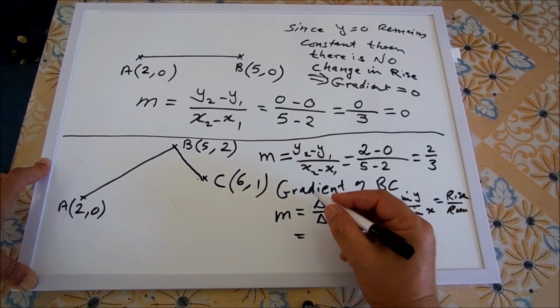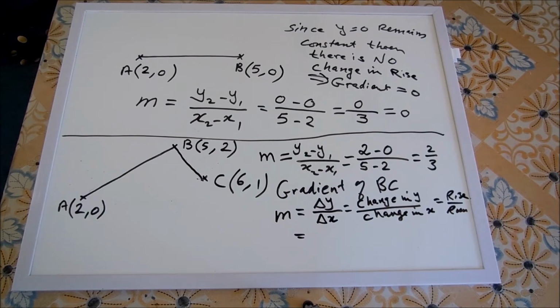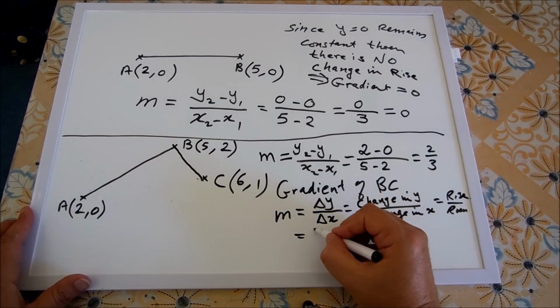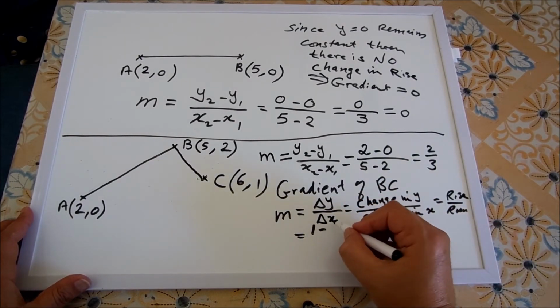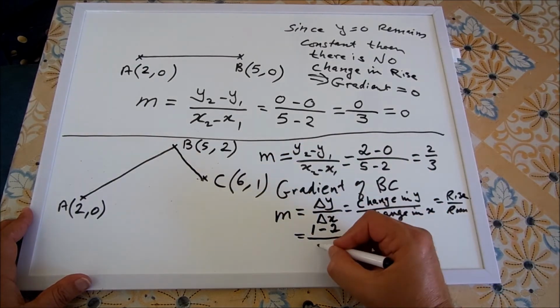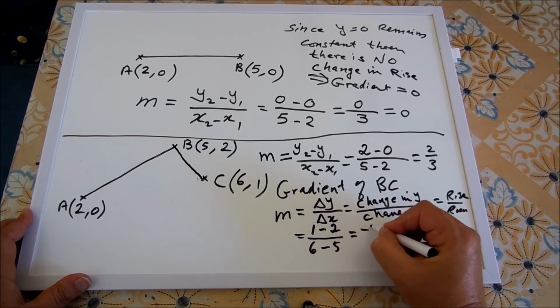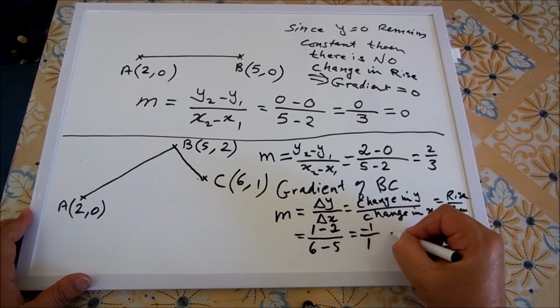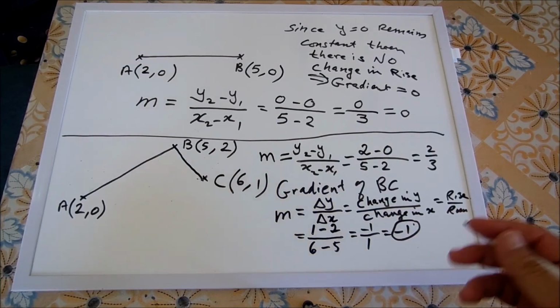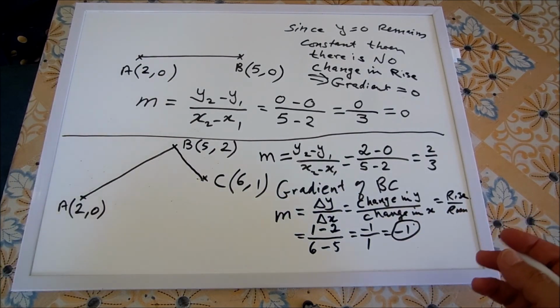Okay, for this case we have y2 is 1 minus y1, which is 2. We go in the same order. X2 is 6 minus x1 is 5, so that gives you minus 1 over 1, so minus 1. So as you can see, the gradient here is negative, as we discussed before.